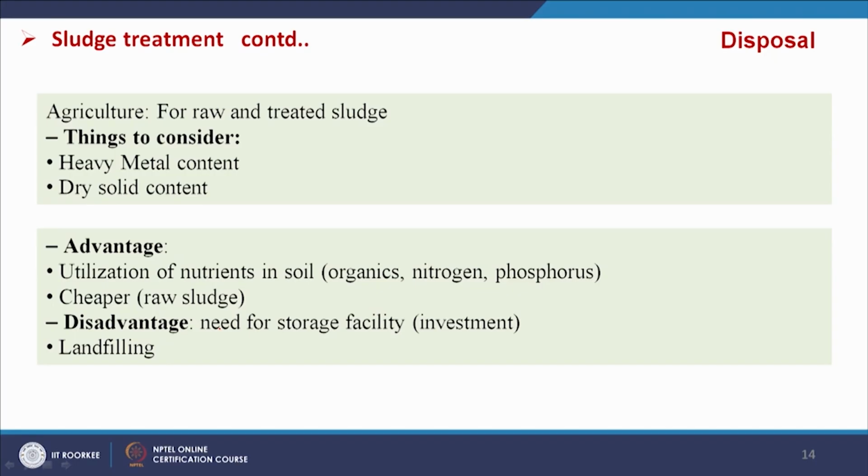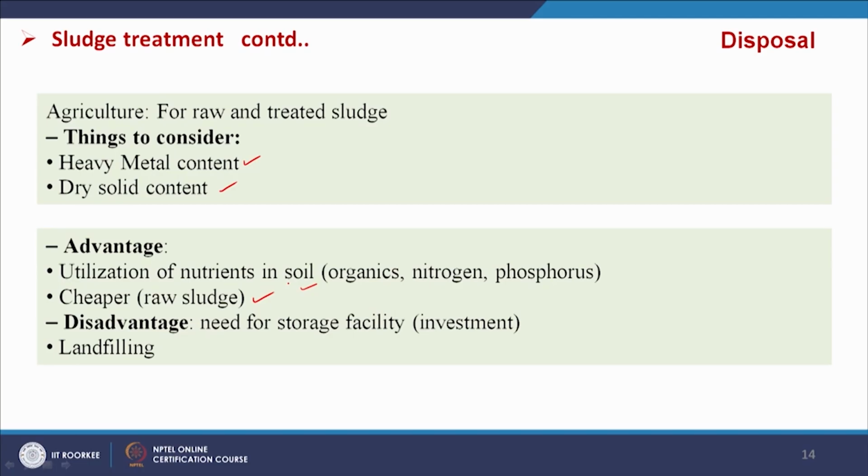When we are considering the use of sludge for agriculture, we must consider the heavy metal content present in it, the dry solid content present in it, and what nutrients are present in it. The advantage we can get through this process is the utilization of nutrients in soil, organics, nitrogen, phosphorus, and a cheaper source of nutrients.